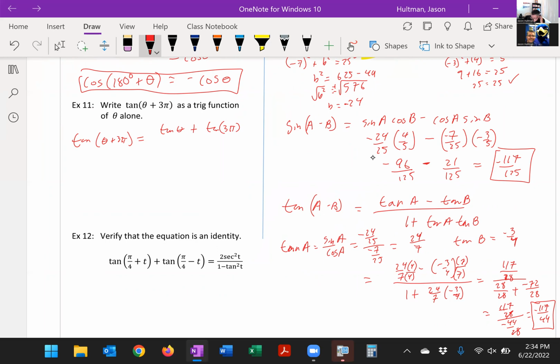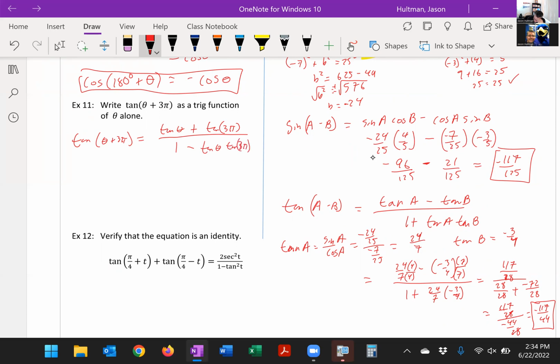And the tangent of pi, I believe, is 0. So then we get 1 minus the tangent of theta times the tangent of 3 pi.